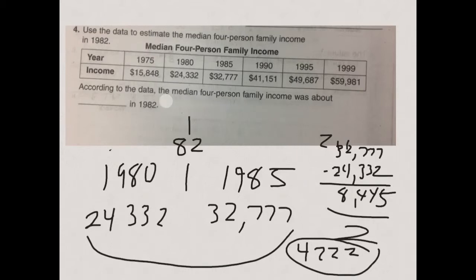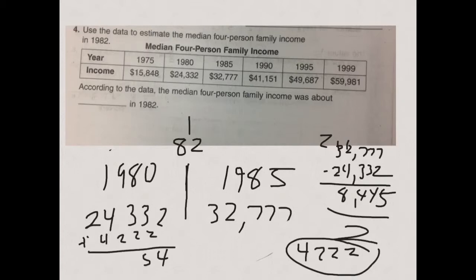But halfway between that range would be 1982, which is 4,222. This, let's add it to 24,332, and we'll get our answer. Okay. So let's add it right here. So here's my answer.